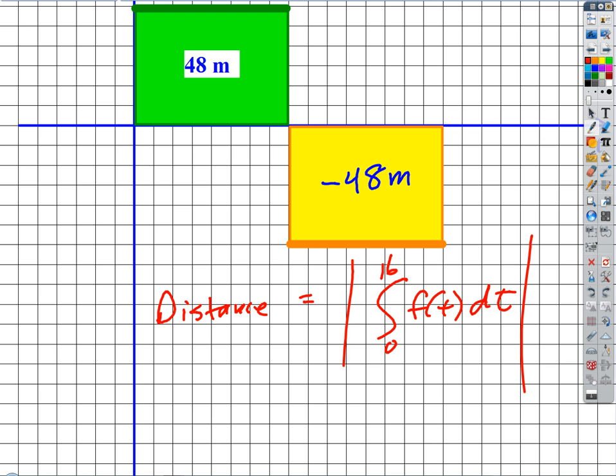We'd have to add up the absolute value of the green separate from the absolute value of the yellow, wouldn't we? If we made the terms, well, what if I broke the terms right here? That's not going to work, is it? If I add up 2 terms, one of them goes from 0 up to 12, right? So I break it into 2 pieces. So I'm adding up that area first, and then the second term would be from 12 to 16. It's not going to work because look what's going to happen.